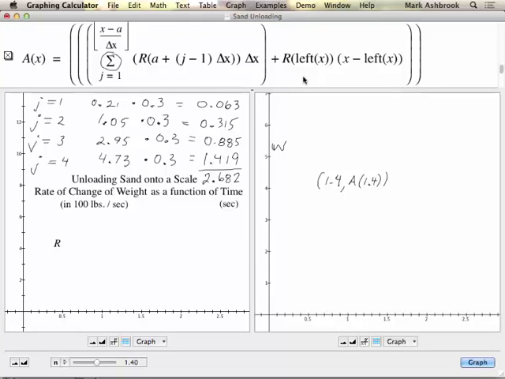So what's left of x right now? x is 1.4, so left of x is 1.2, r of 1.2, times x minus left of x, which is how much that partial interval lasts for. 1.4 minus the left side. So how far into that last interval have we gone? 0.2 seconds, not 0.3.